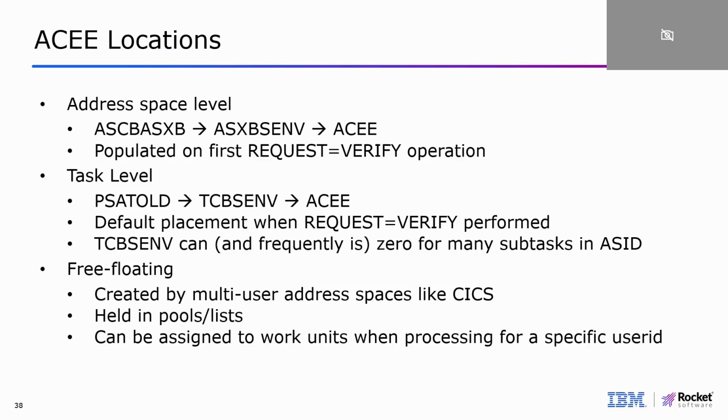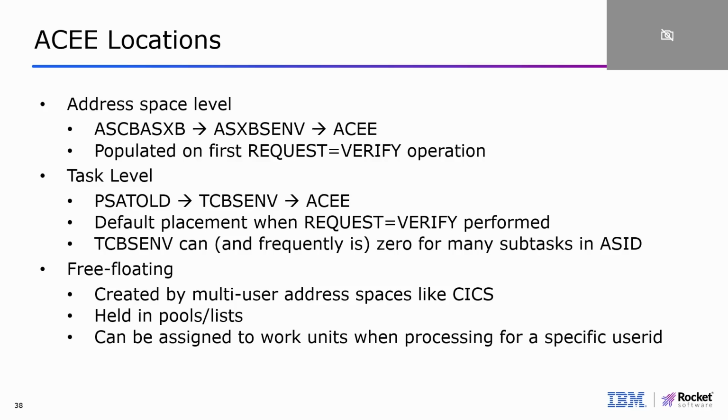That can point to an ACEE, and that's the default place where RACROUTE REQUEST=VERIFY will stick a newly created ACEE. But TCBSENV can be, and frequently is, zeros for many subtasks in the address space. So if you go and have a look at your TSO address space, you're going to see TCBSENV as zero for most of the TCBs within that address space. The other place we'll find an ACEE is that they can be free floating.